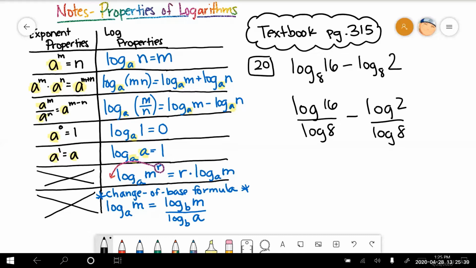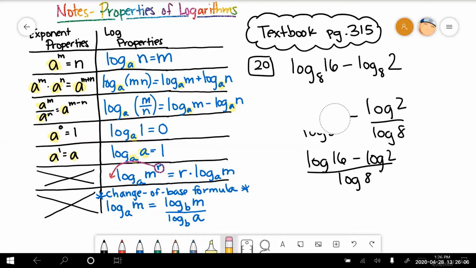Okay, and we have the same denominator, which is nice. It means we can start combining things. We can do something like log 16 minus log 2 all over log 8. But we end up stuck again because we still have this minus sign. So again, if you go the change of base route, you're not incorrect, but it's not really helping us simplify. If anything, it might make you a little more stressed out, seeing all the extra logs.